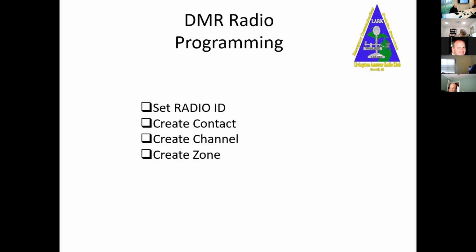There is a procedure where you can go to, it's called radio ID, radioid.net. And you can download the whole entire database, put it on your computer as a CSV file, take that CSV file and import it into the create contact area, and then it'll bring in the whole 200,000 contacts.